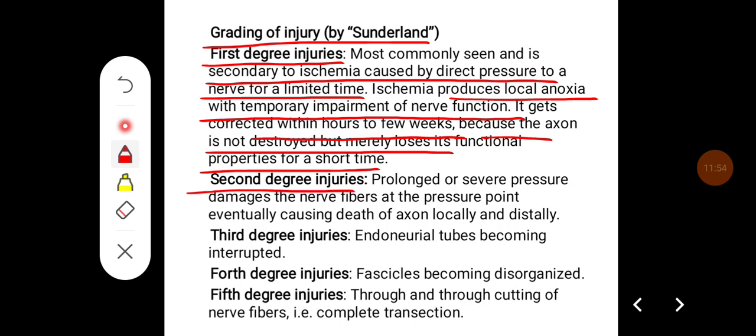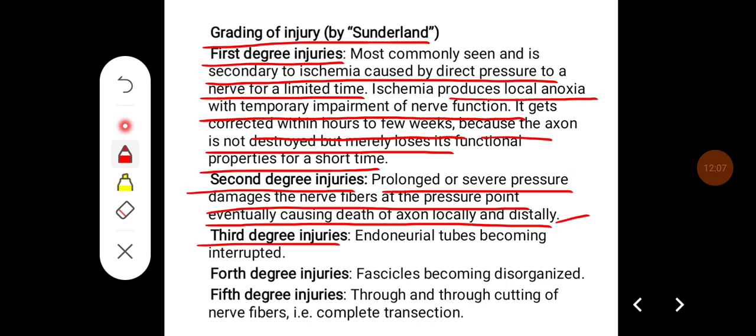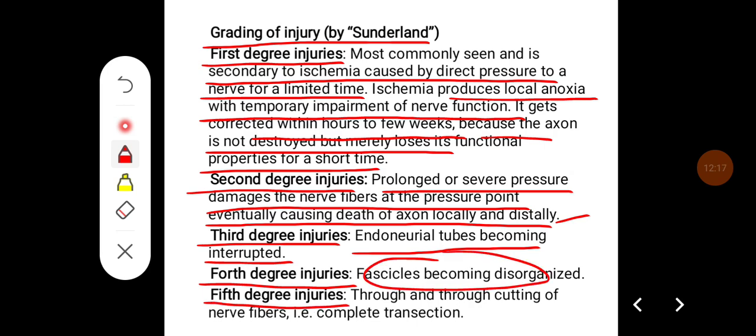Second degree injuries occur because prolonged or severe pressure damages the nerve fibers at the pressure point, eventually causing the death of the axon locally and distally. Third degree injuries are where the endoneurial tubes become interrupted, and fourth degree injuries are where the fascicles become disorganized, and fifth degree injuries are where through and through cutting of the nerve fiber occurs, that is in case of complete transection.